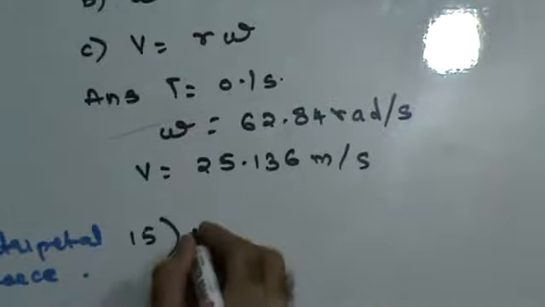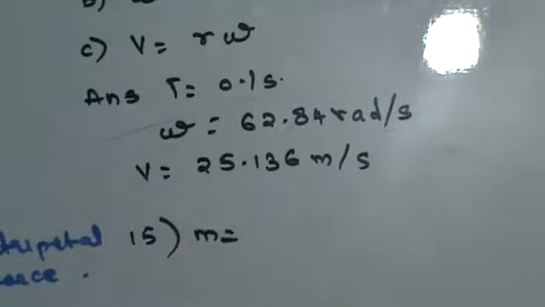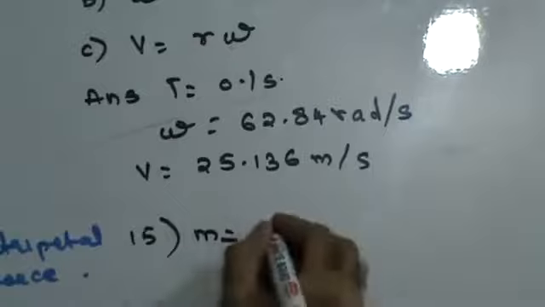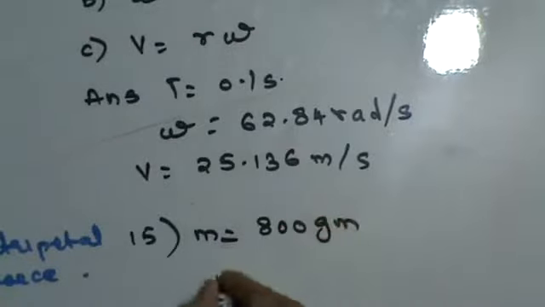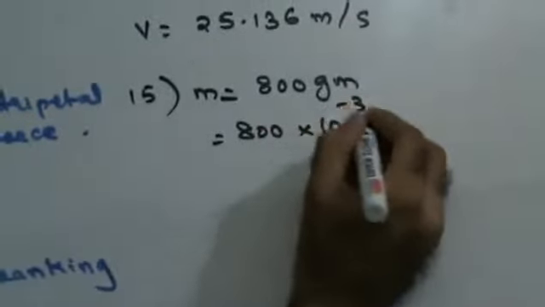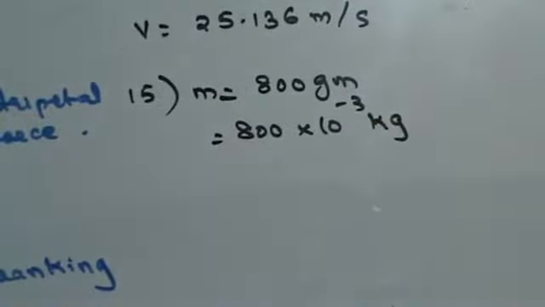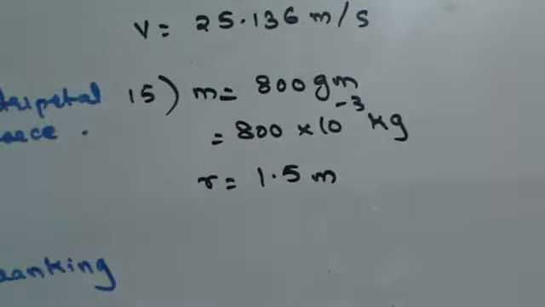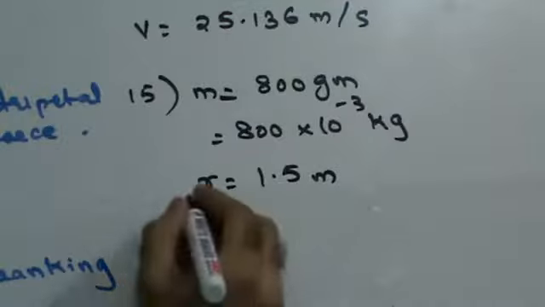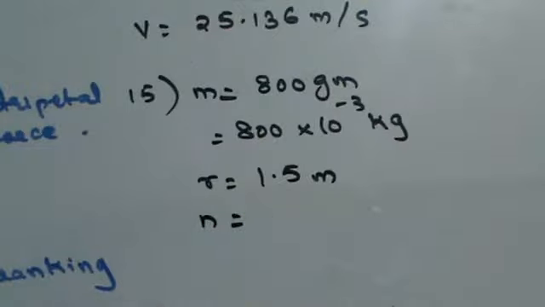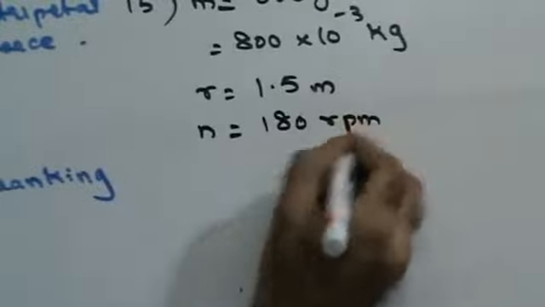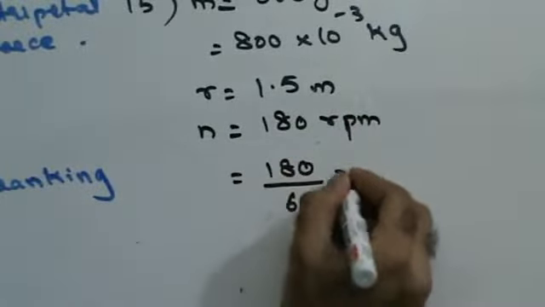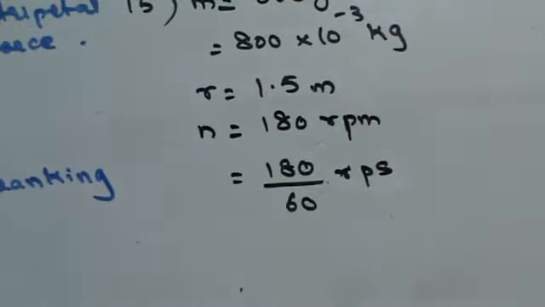A body of mass 800 grams moves in a circle of radius 1.5 meters at 180 rpm.